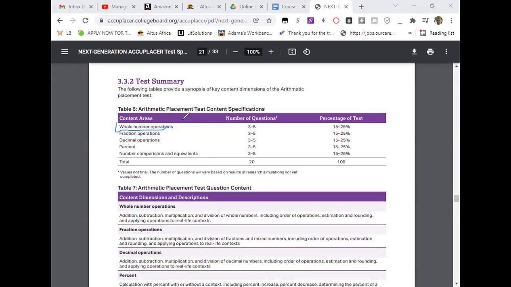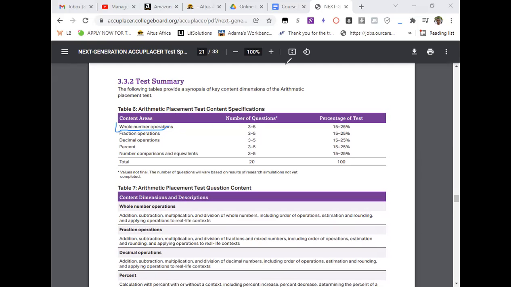Can you compare a fraction with a whole number? Can you compare a fraction with a decimal with a percentage? So these are the 5 topics in the arithmetic section. If you master these 5, you will be almost guaranteed to get 100% in that section of the math test.